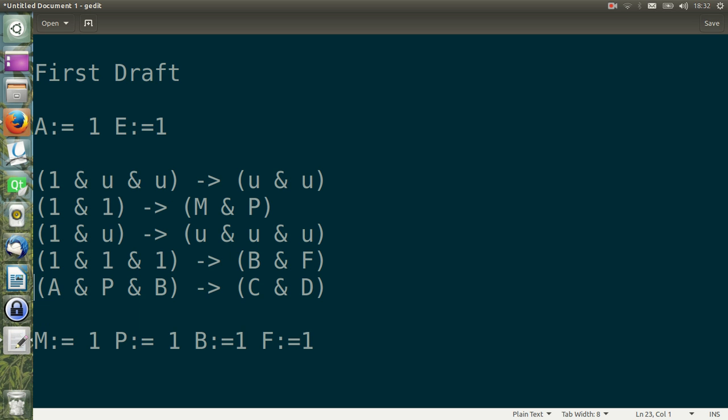So the last rule, 1, 1, and 1, we can also infer the value of C is 1 and D is 1. So we finish the first draft.